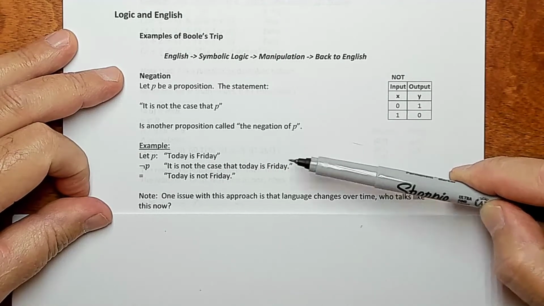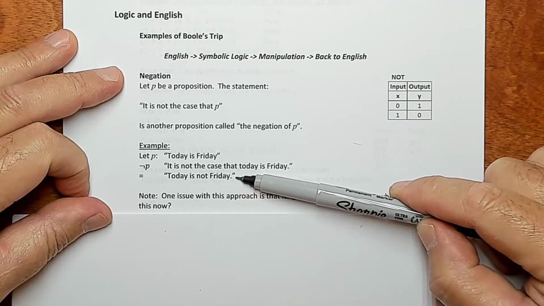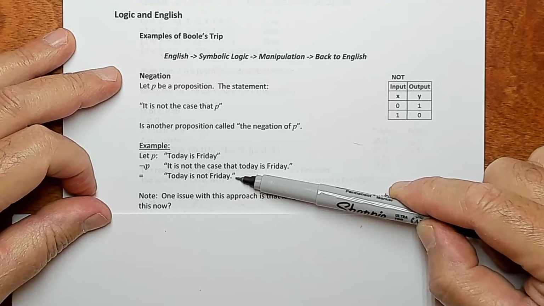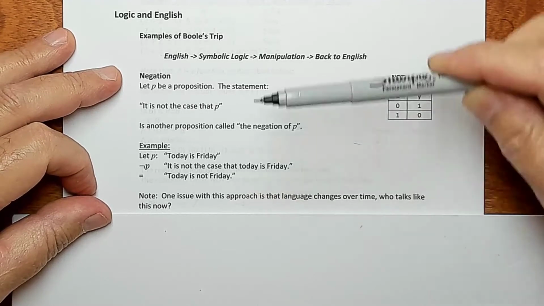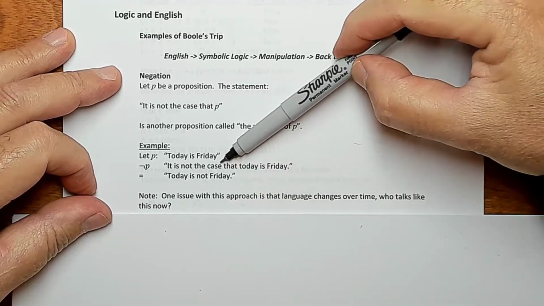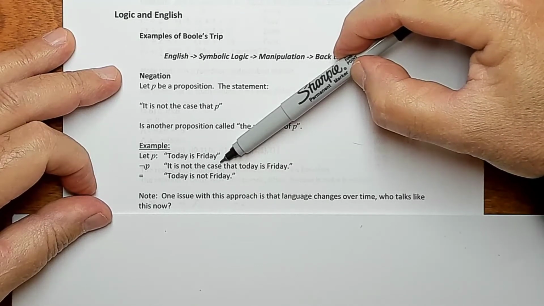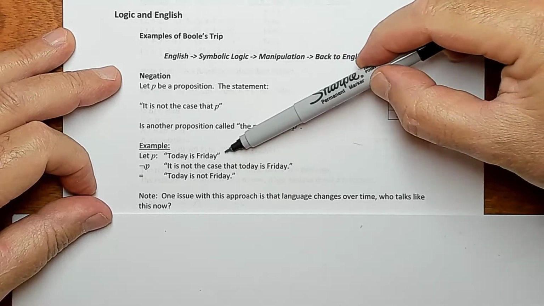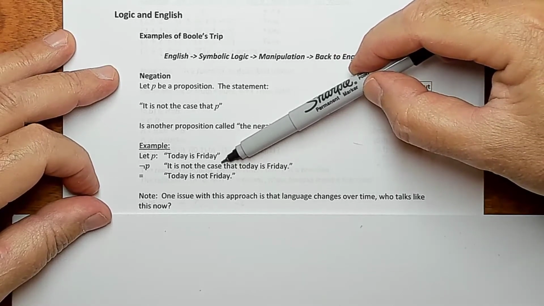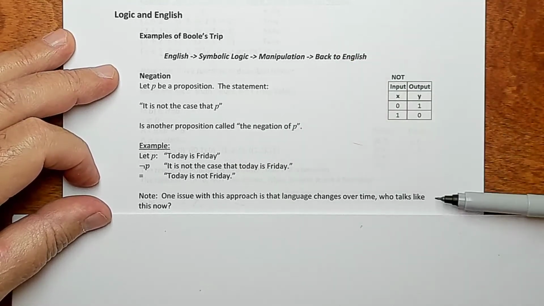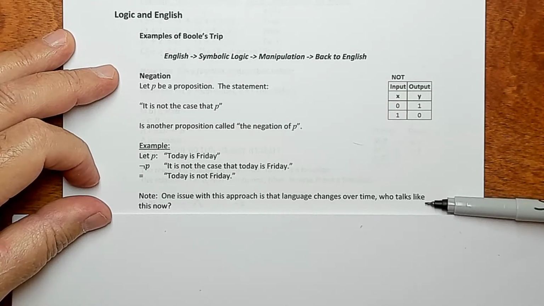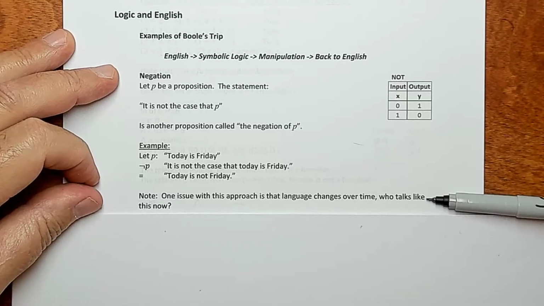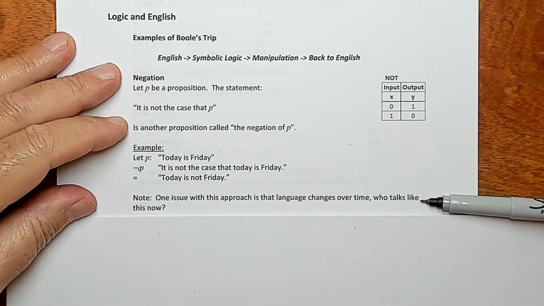Or in English, you could say this another way: today is not Friday. In fact, that's what people would normally say. Maybe 100 or 200 years ago, people used the expression, it is not the case, more frequently than they do today, but people don't say that very often today. That's one of the pitfalls of this stuff, is that language changes over time. Not only over time, but it changes from person to person.